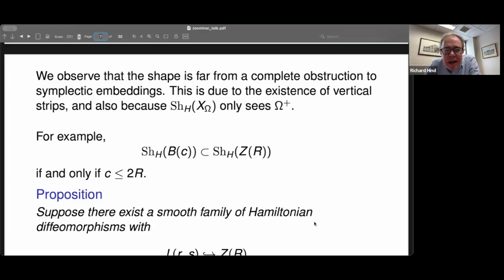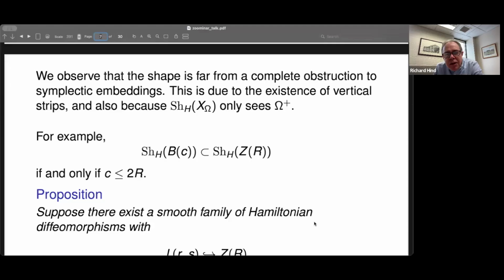In particular, all that picture of ellipsoids into balls is a very beautiful story, worked out, I suppose, completely by McDuff and Schlenk. There's a Fibonacci sequence there, and that's all invisible to the shape. So that's a shame. And also, we lose a bit of information because we only see omega plus and not the actual moment image.